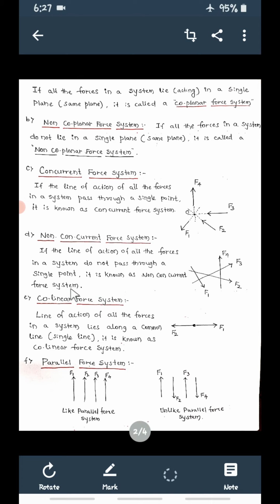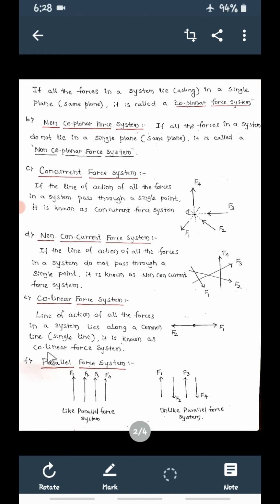Okay, then similarly, collinear force system. The line of action of all the forces in a system lies along a common line or a single line. It is known as a collinear force system.